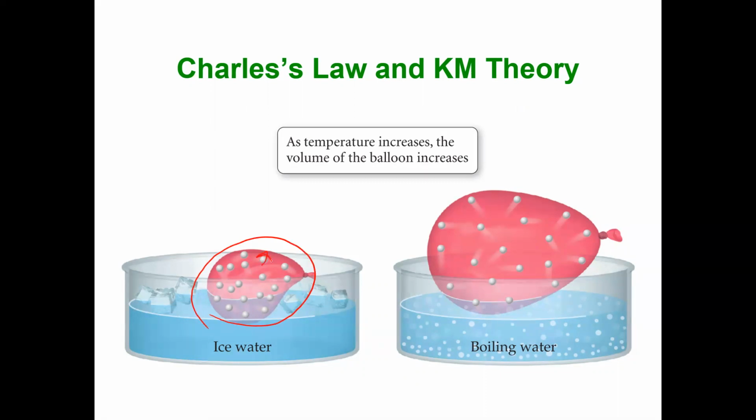Because they travel at a slower speed, they will not push on the balloon as much and they'll contain a smaller volume. If the gas particles are traveling at a higher speed with more force, they're going to push out the balloon to equalize the atmospheric pressure on the outside. The only way to do that if they're moving faster is to travel further to have the same number of collisions.